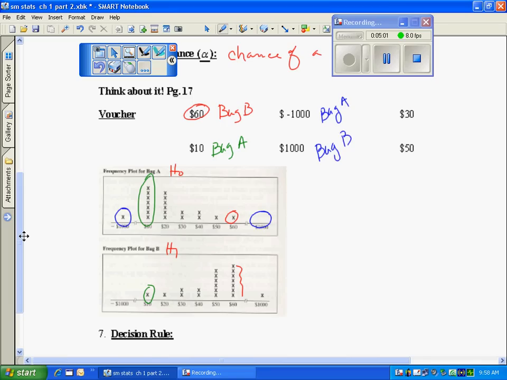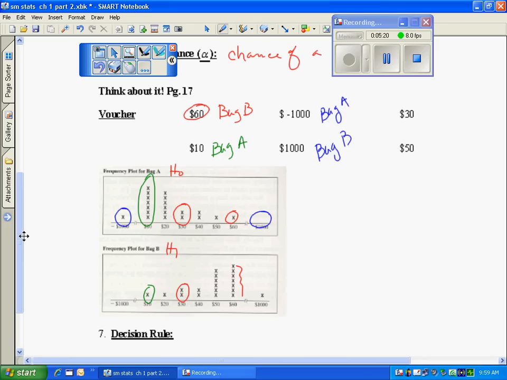And the last two, grabbing a $30 voucher. A $30 voucher happens to be in both bags. There are 2 in bag A, and there are 2 in bag B. So the evidence doesn't really point me in a direction because there are 2 in each one, so they're both equally likely.